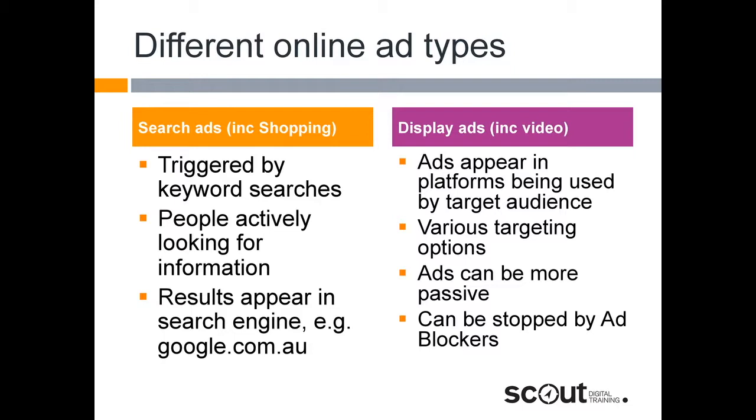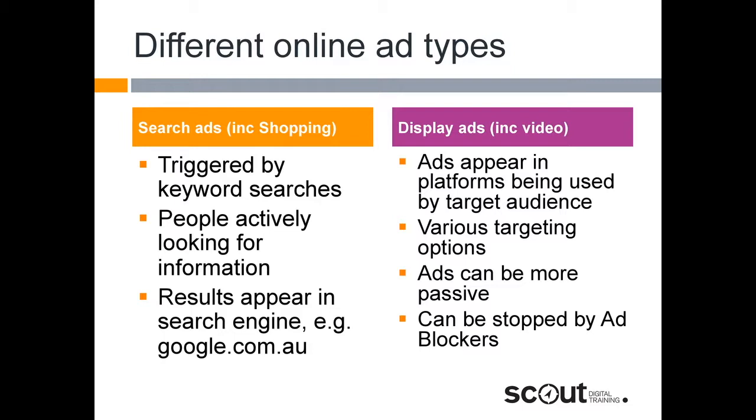It may be making use of things like remarketing, where people have visited your website previously, or actually selecting people based on their demographics or interests. So these ads can be a little bit more passive because we are pushing them out at people who might not necessarily be in the market, but hopefully we've done our segmenting and targeting correctly and they will be of interest. And they can also be stopped by ad blockers as well, so just something to keep in mind.